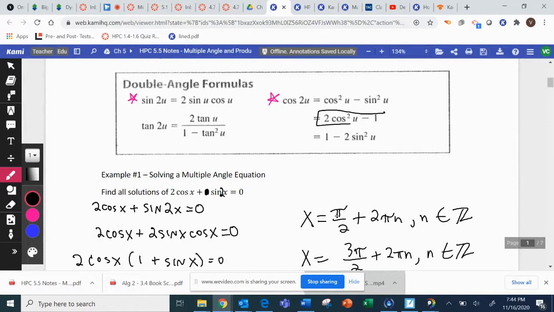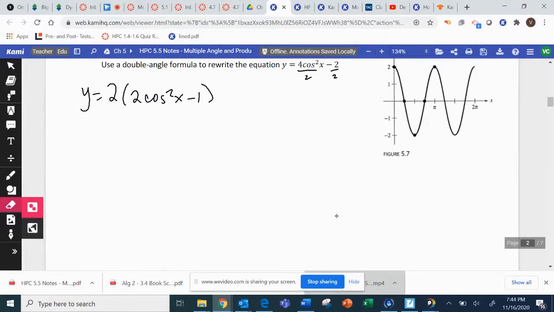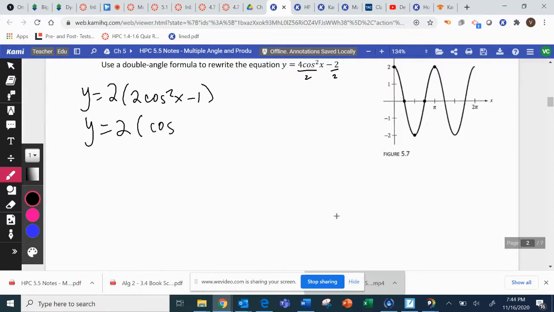Right here, I've got 2 cosine squared u minus 1, so that is the same formula, and that is equal to cosine 2u. So y equals 2, and then we're going to substitute that for cosine 2x. Excuse me, y equals 2 cosine 2x.